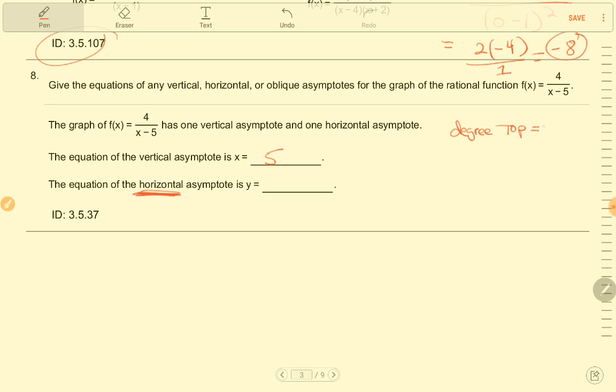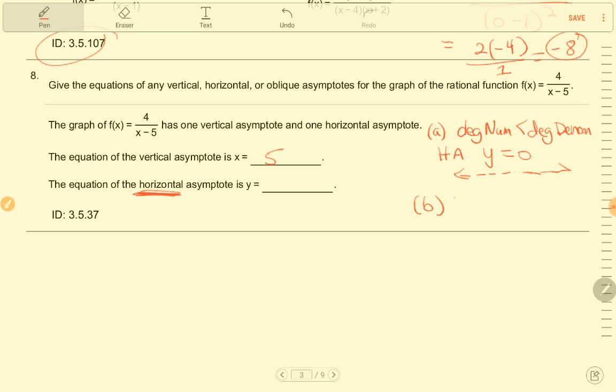I meant to say, for the first option, the degree of the numerator will be less than the degree of the denominator. Then you have y equals 0 as your horizontal asymptote, which would be the x-axis.